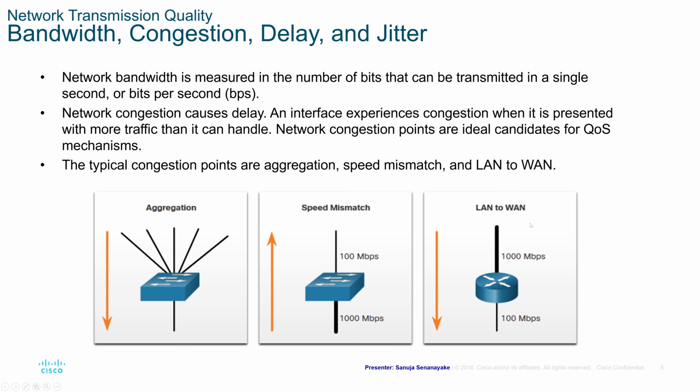So if your internal LAN has 1000 megabits per second and all of those devices are trying to access the internet via this one link connecting to the outside world through your modem, that is going to create again a bottleneck when the traffic flows from the inside LAN to the outside WAN systems. So again, here is a really good place to implement QoS.